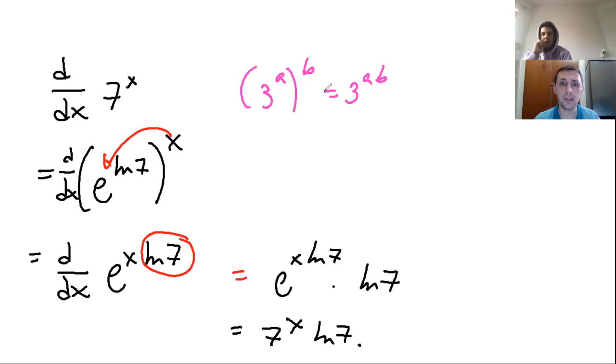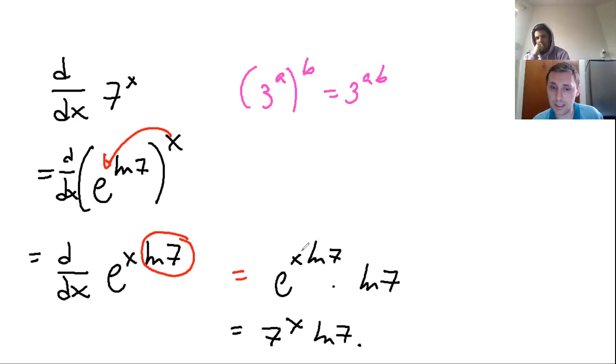With me? And taking the derivative of this expression is not so bad, because for e to the x ln 7, the outer function is the natural exponential, and its derivative doesn't change the function. So it's e to the x ln 7. And then the derivative of the inner function is simply ln 7. X times ln 7, take the derivative of that, you just get ln 7.